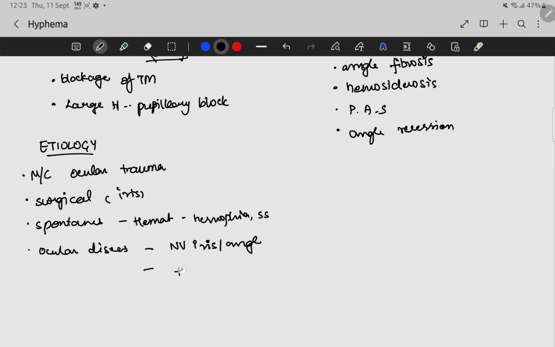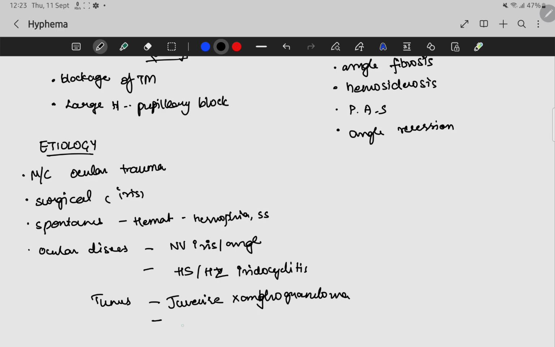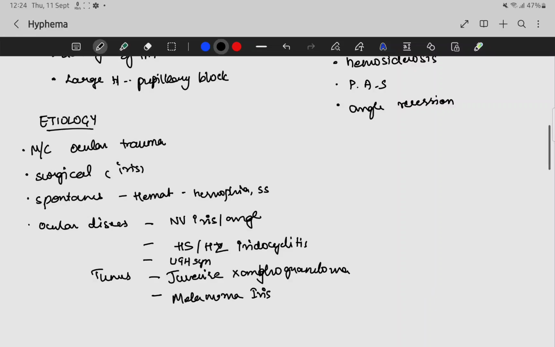Okay, so in case of herpes simplex or the herpes zoster, iridocyclitis, and in case of tumors like juvenile xanthogranuloma, we have melanomas of iris, and there is a UGH syndrome, uveitis, glaucoma, HYPHEMA syndrome. So in these cases there is formation of hyphemas, right?